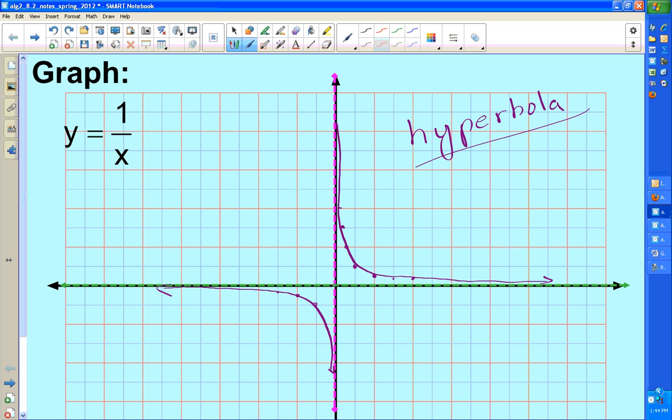Like I said, we can skirt around this and say, I really don't want to learn the parent graph, and I'm going to teach you how to find vertical asymptotes and horizontal asymptotes in general. What I need you to understand here is what happens at infinity, because that's what asymptotes are all about. I have said this statement before about asymptotes: you cannot touch them.